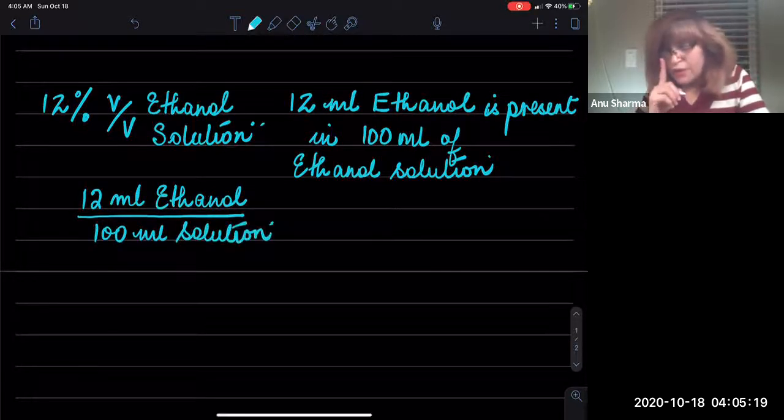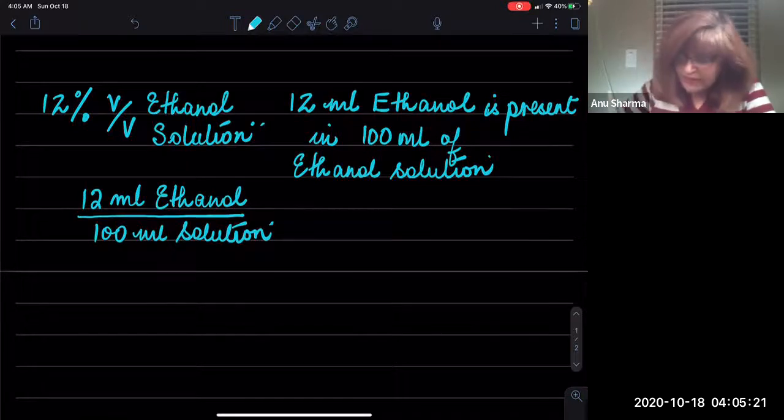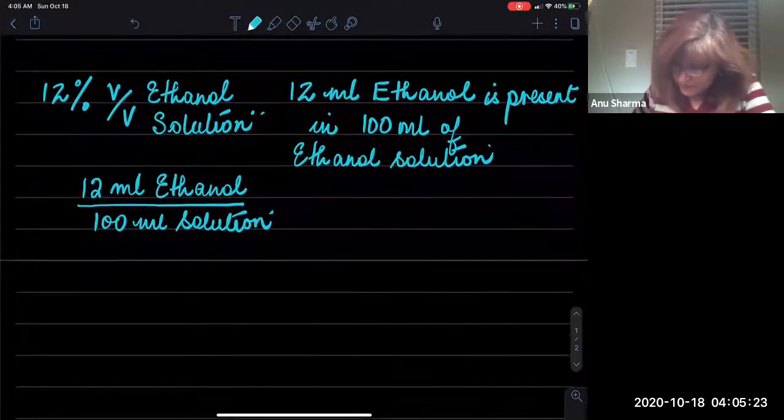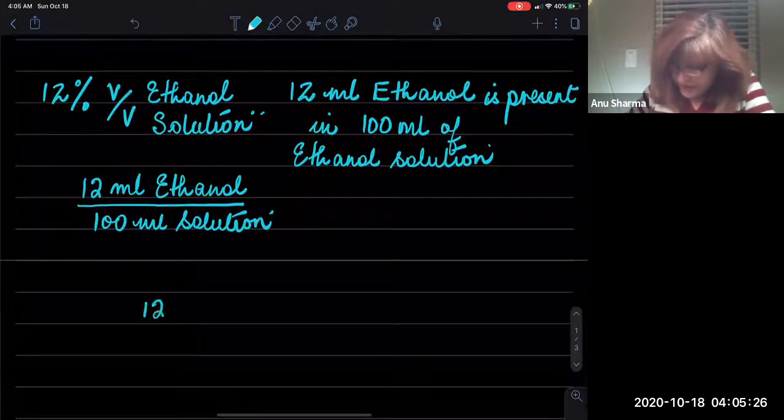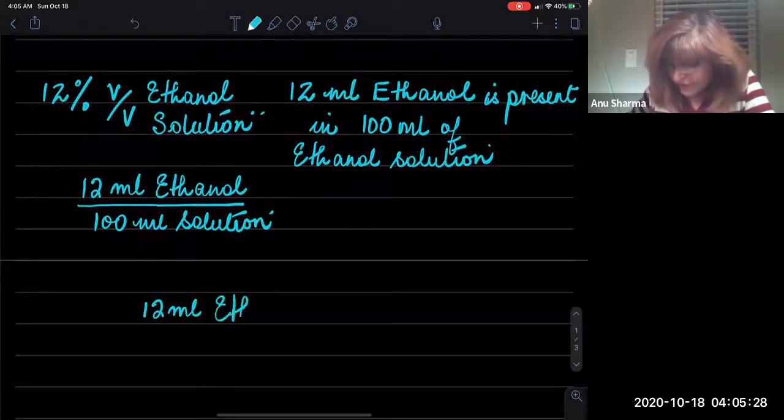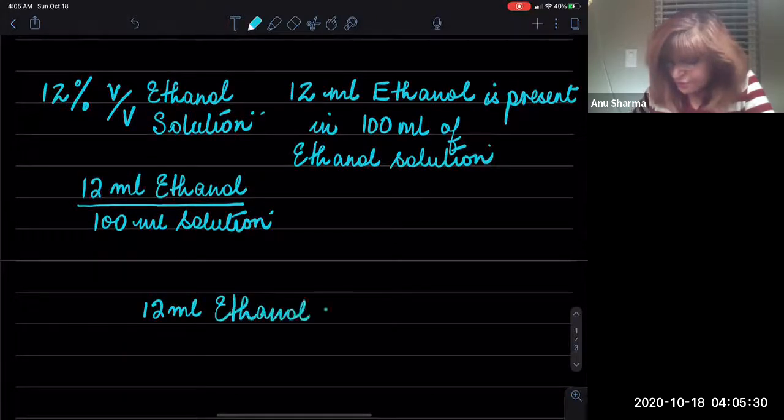So the same equality, you can also write this down as 12 milliliters of ethanol is equal to 100 milliliters of solution.